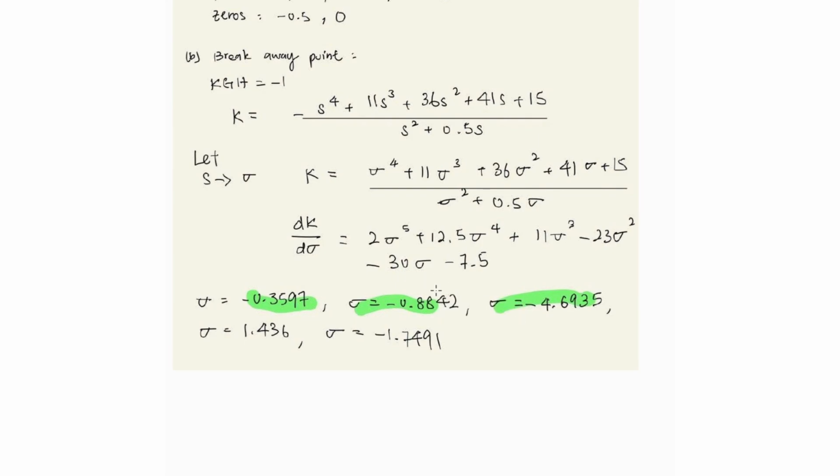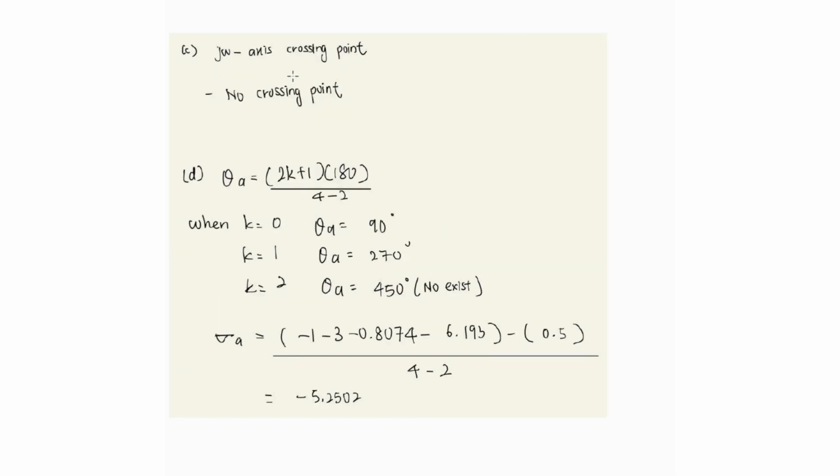So we get the roots, sigma equals negative 0.3597, negative 0.8842, negative 4.6935, 1.436, and negative 1.7491.